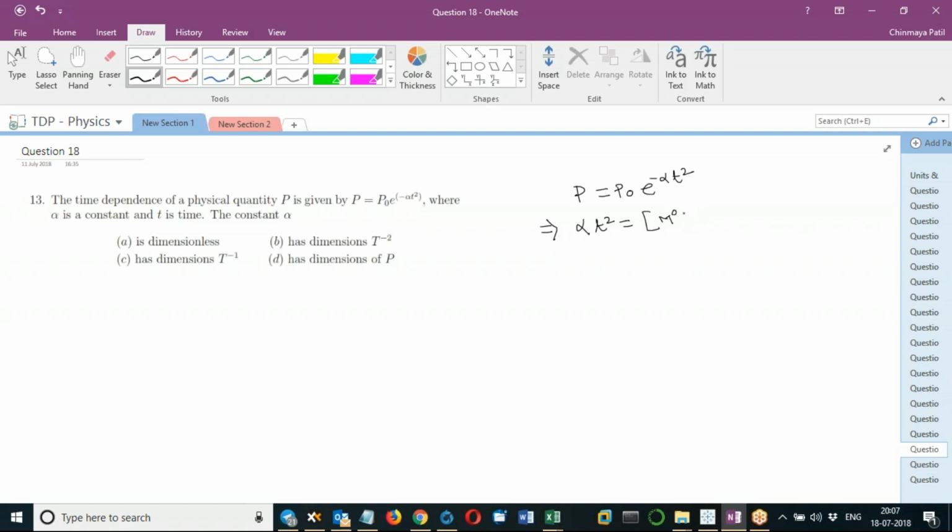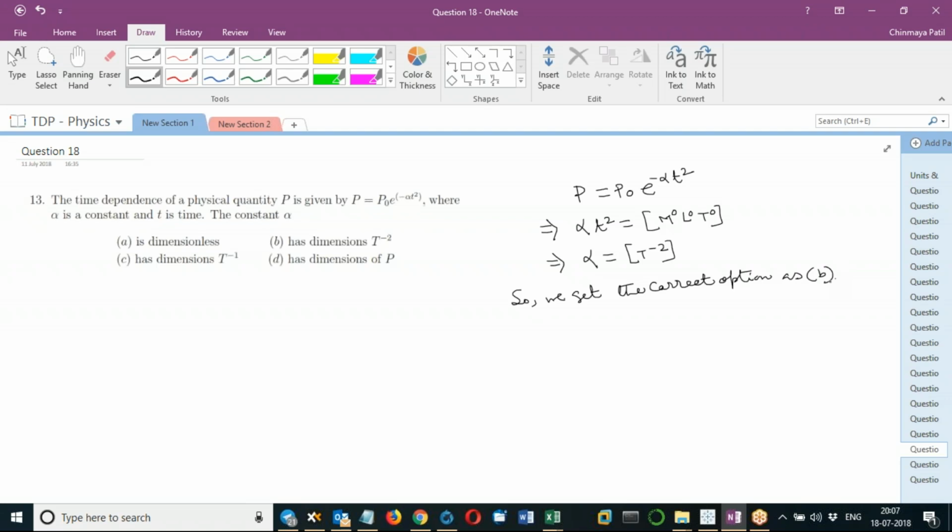That means it is M power 0, L power 0 and T power 0. From there we can say alpha is equal to just T power minus 2. So we get the correct option as B. I hope you understood this very clearly.